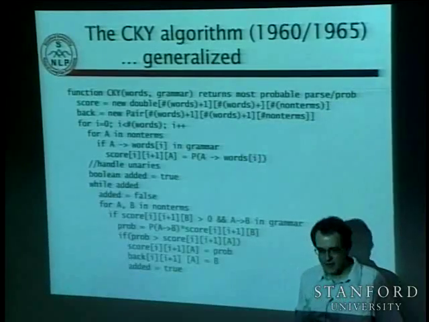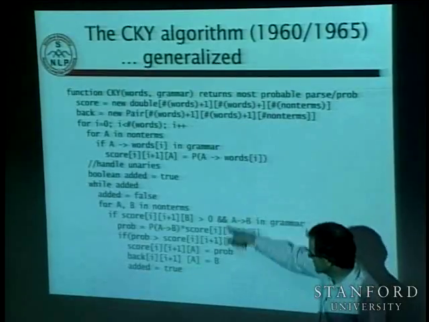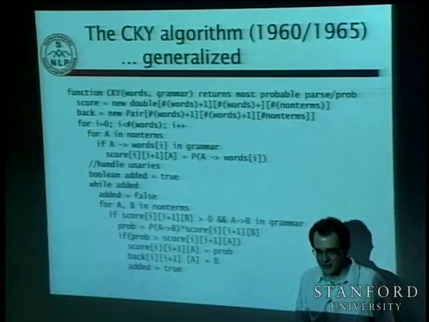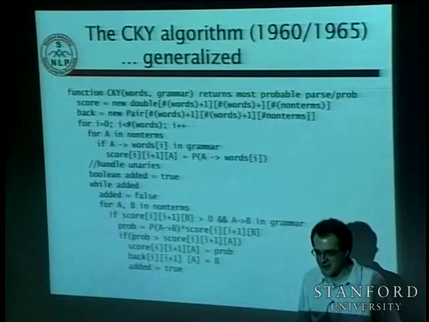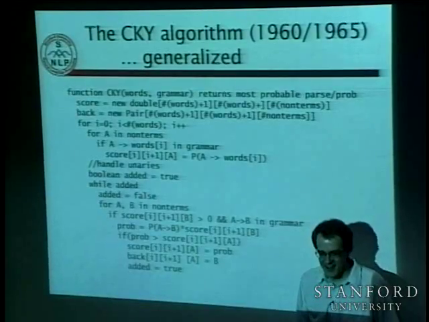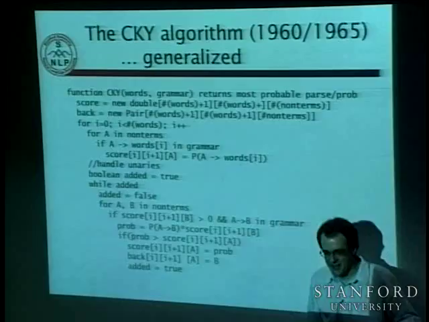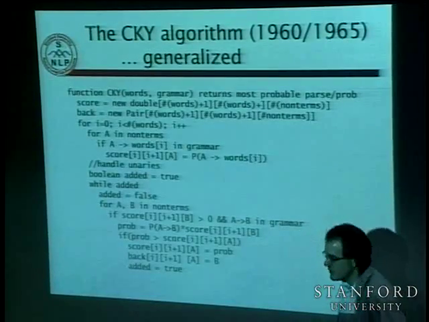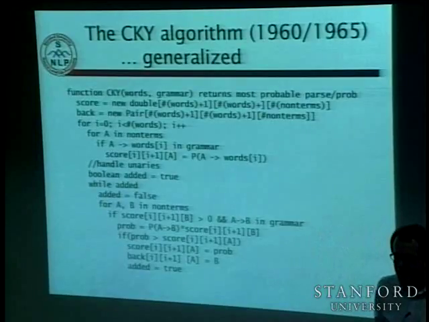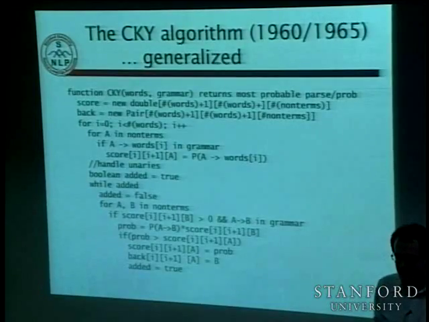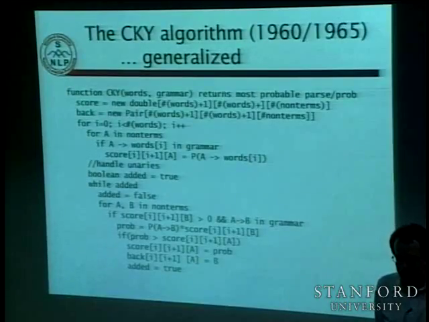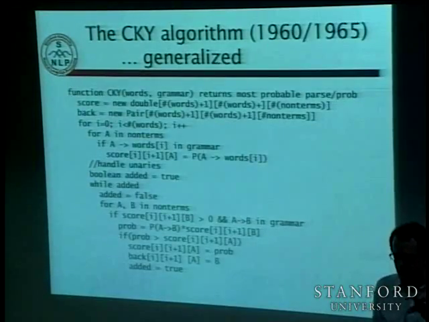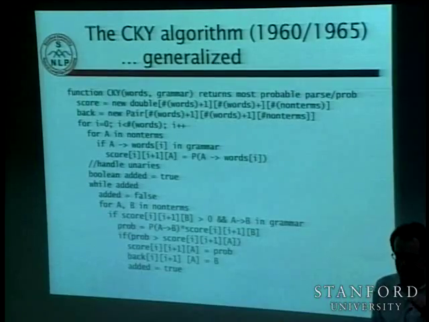If you had a Chomsky normal form grammar, you stop right there. But if you're going to allow unaries into your grammar, you have to add extra code in to handle unaries. And this is why having unaries is ugly, because as you'll see on both this slide and the next slide, it turns out that actually more than half of the code is dealing with the generalization to handling unaries. So if we have unaries in the grammar, we might have a rule like NP goes to N. And so we want to put those kind of rules into the same cell in the chart because they still span the same number of words.